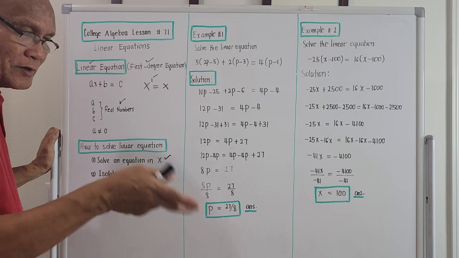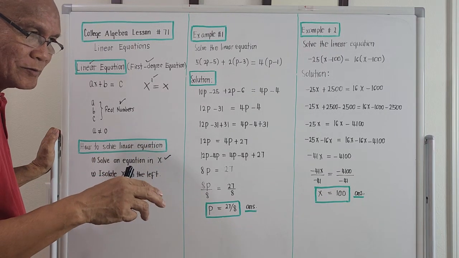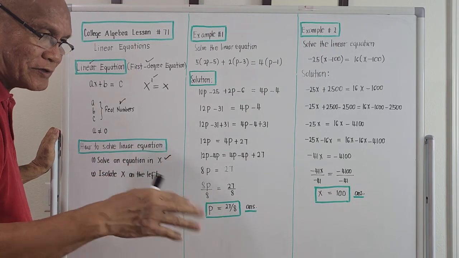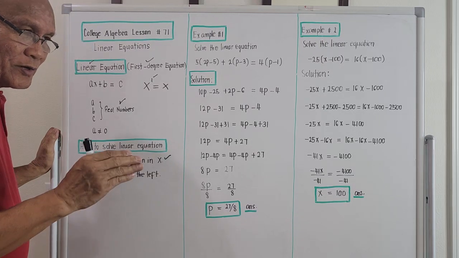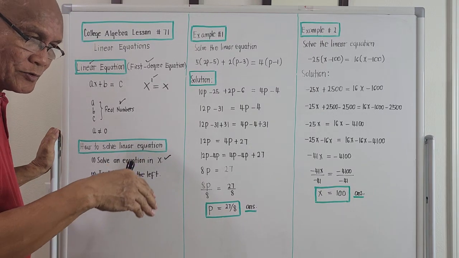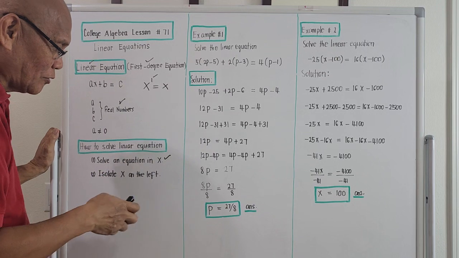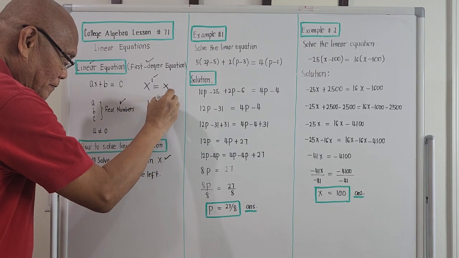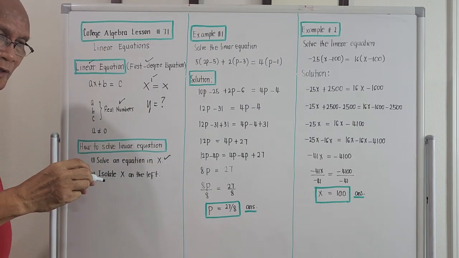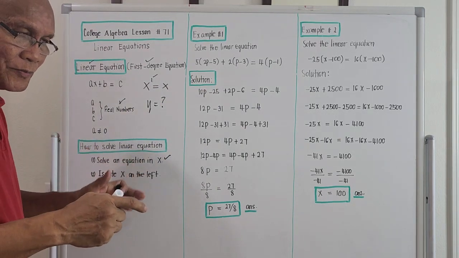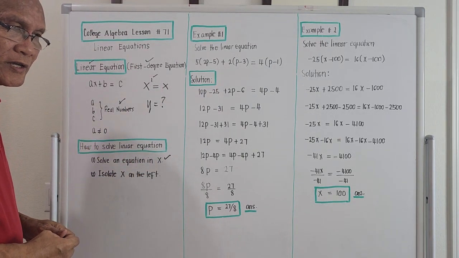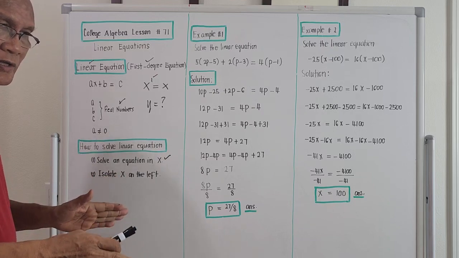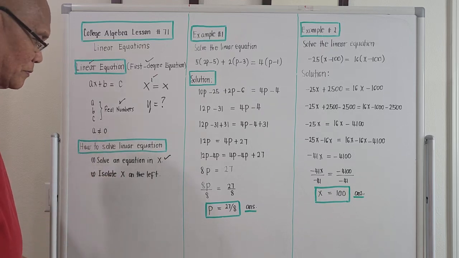If it is in terms of y, you must solve for y, not x. If it is in terms of letter a, you should compute for letter a. X, y, z under the study of algebra are all variables.